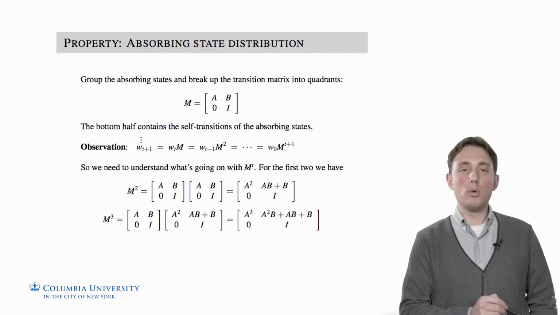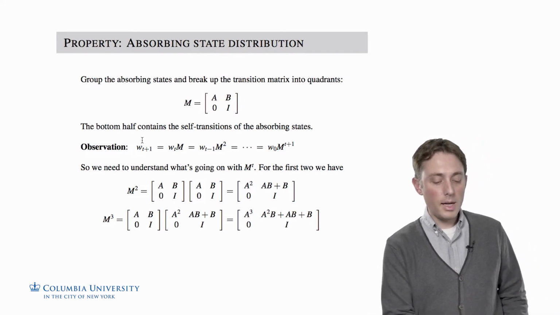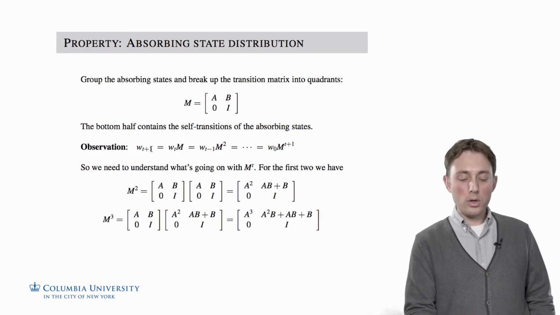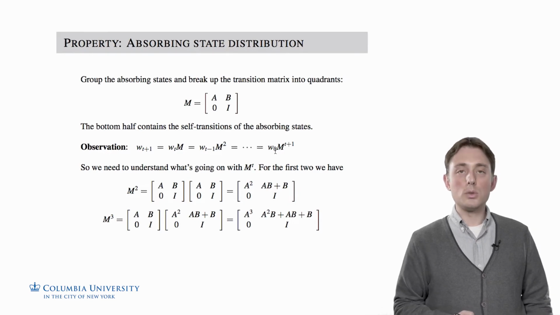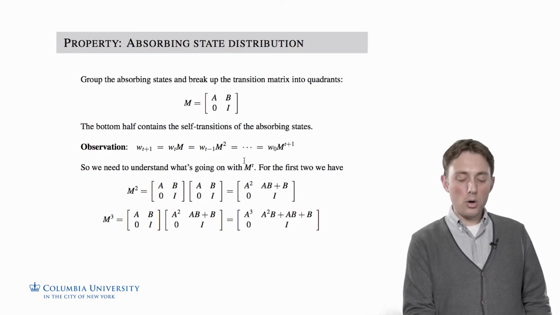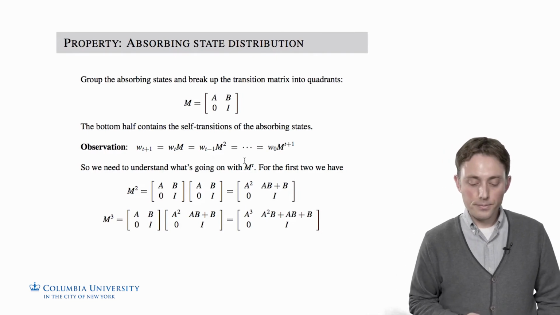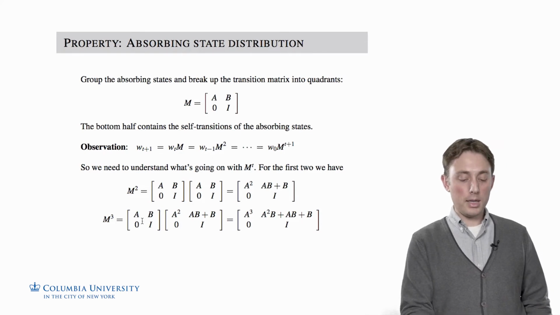That tells me where I'm going to be at time t plus 1. Now we want to know what happens as t goes to infinity. So in order to understand that, we really need to understand what's going on with this matrix M to the power t. Let's inductively figure this out by looking at the first two cases.